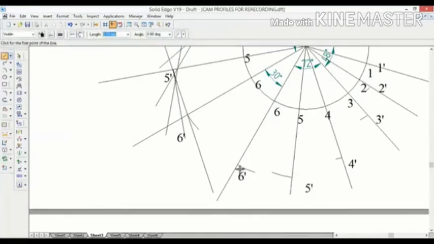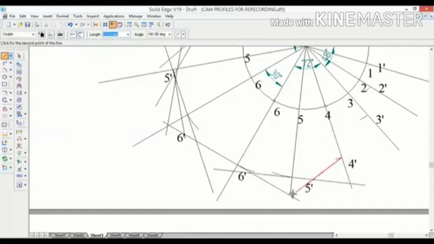Let us draw the tangent lines now. So tangent to the 6, and this side also. Tangent to 5 left hand side and tangent to 5 right hand side.